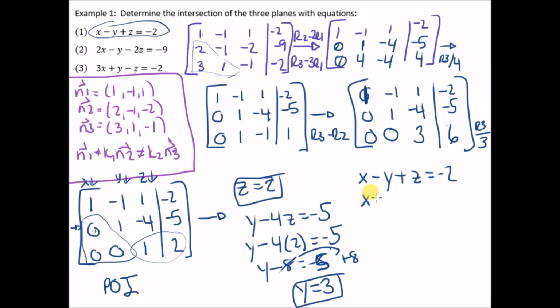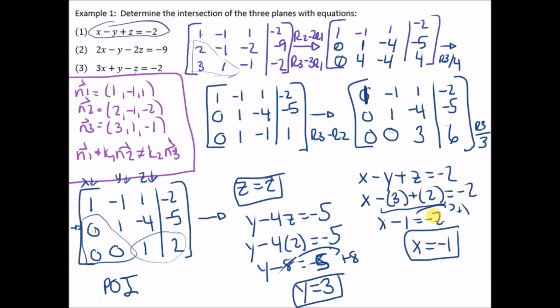Now we can just sub in: x minus 3 plus 2 equals -2. Okay, -3 plus 2 is -1. Bring that over, it becomes +1. x equals -1. Okay, therefore, the point of intersection is (-1, 3, 2).